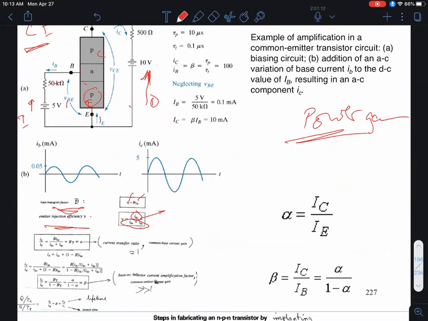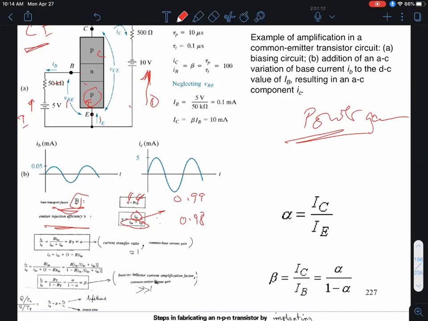So you want this number to be as close to 1 as possible by minimizing IEN. You also want the base transport factor to be as close to 1, meaning that most of the injected hole current must survive the journey across the narrow base and appear as collector current. Now, neither of those will be 1. Both of these will be close to 1, maybe 0.99, maybe 0.98. These are typical numbers.